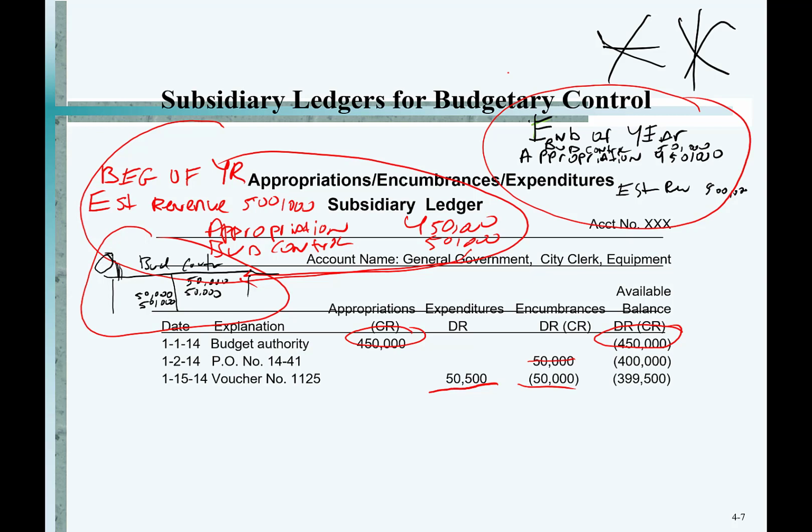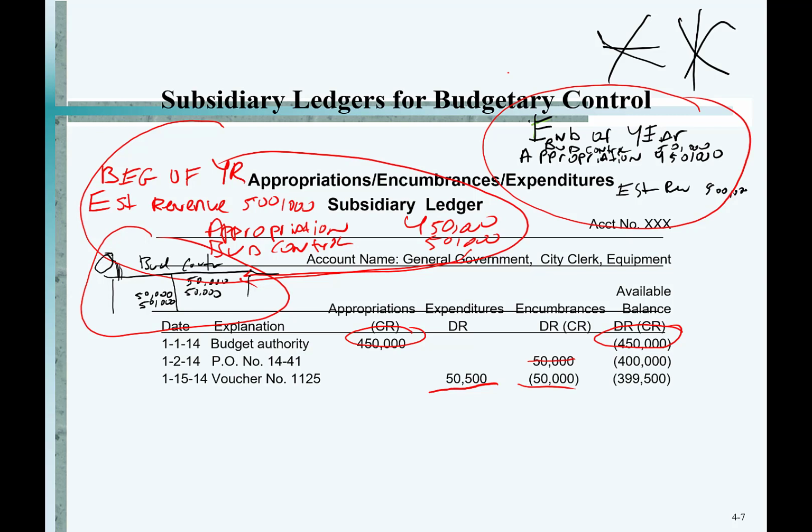Okay. All right. So what happens? Let's look at the whole process again, because I'm going to tee up budgetary control. We are going to do the journal entries, and I'm just going to keep track of budgetary control. You don't have to write this down. It's already on the slides. Originally, I debited estimated revenue for $500,000.